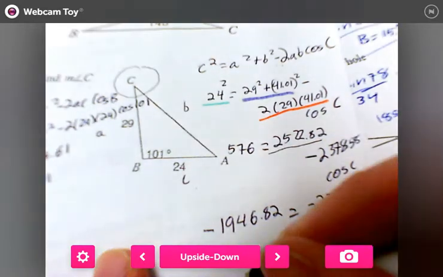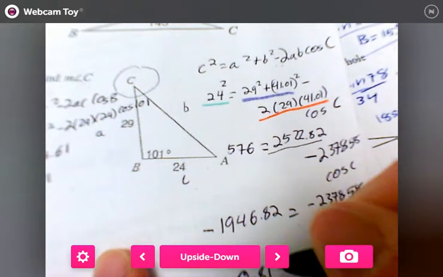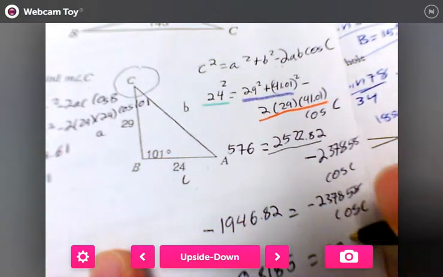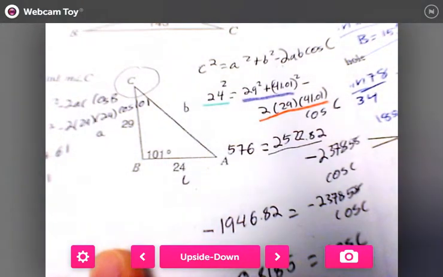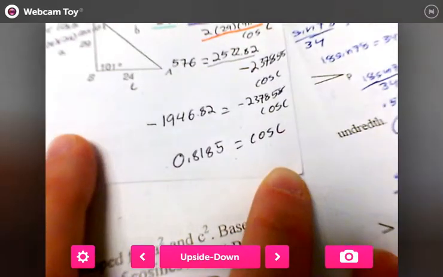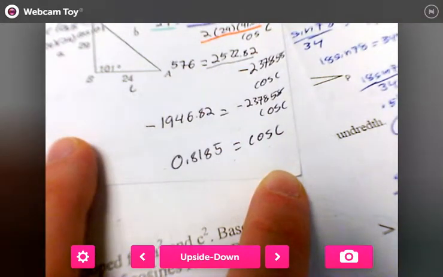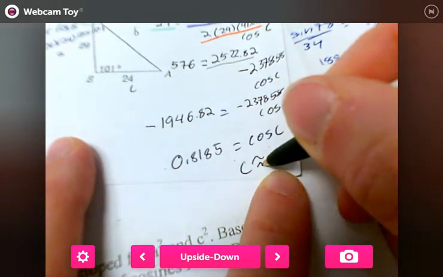And I get 0.8185 equals cosine C. Then I'm going to do the inverse cosine of that number. And I get C is approximately 35 degrees.